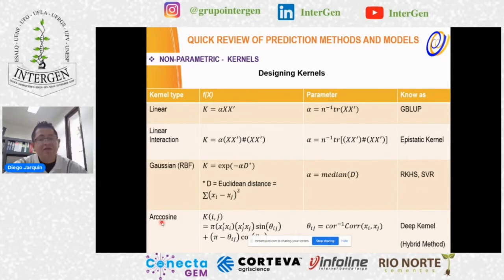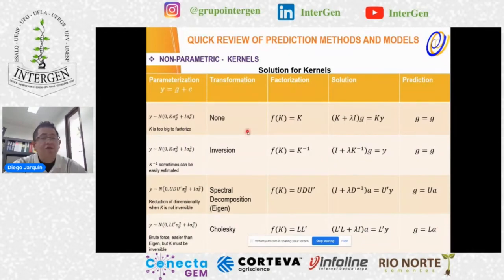Also, we have arc-cosine. They use a transformation, which I won't explain in full, based on sines and cosines to modify the axis. In this case, we optimize by finding the right parameter for theta. So this can be thought of as a deep kernel, a hybrid method that tries to mimic the deep learning methods from machine learning.